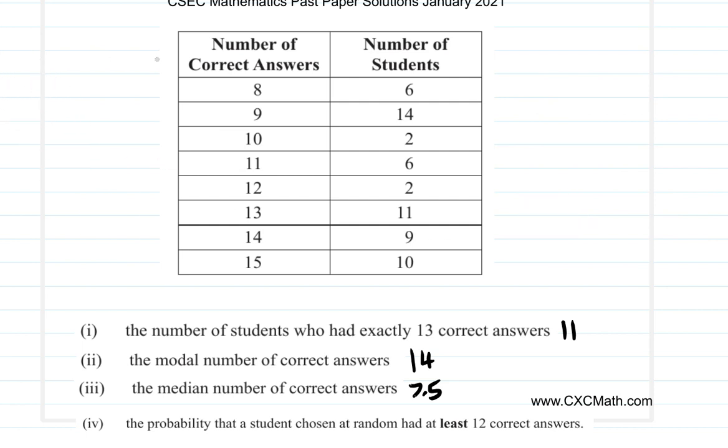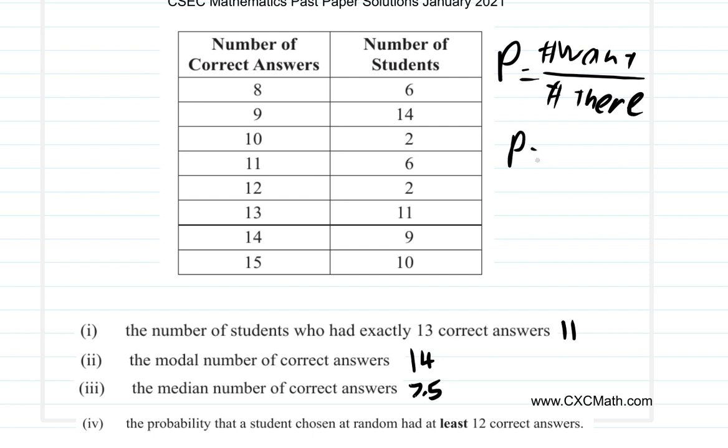Now remember, probability would mean how many you want. Alright? The number that you want divided by the number that is there, or the number available.